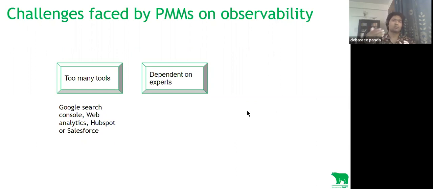So digital marketing can provide read access to different tools, such as Search Console, web analytics, or maybe your HubSpot. But unfortunately, in countries like the US, where there are strict security measures, product marketing managers often do not get access to all these tools.